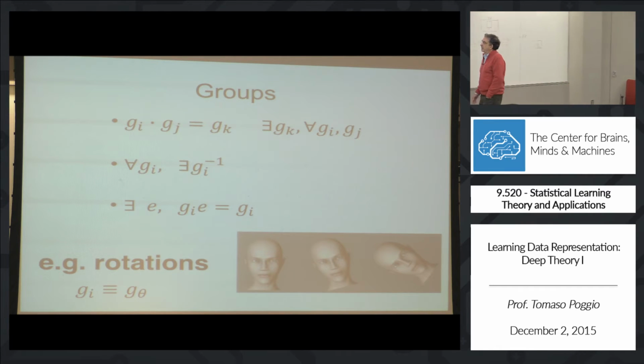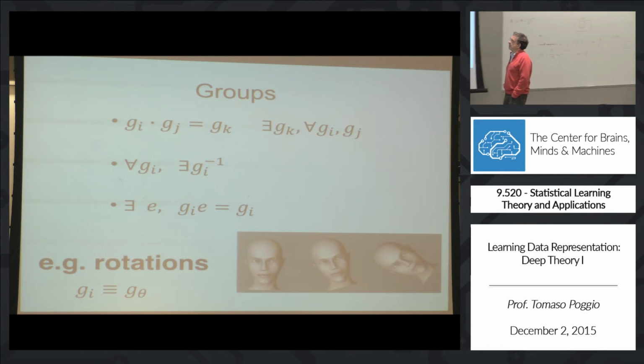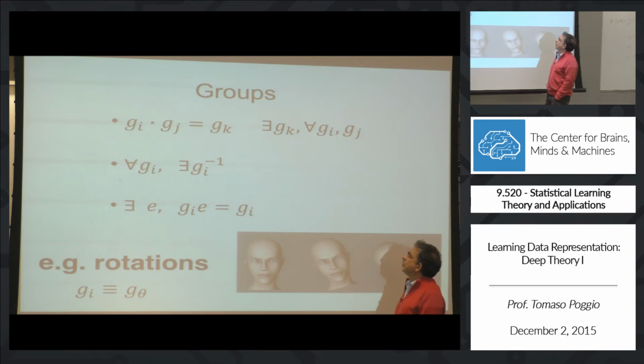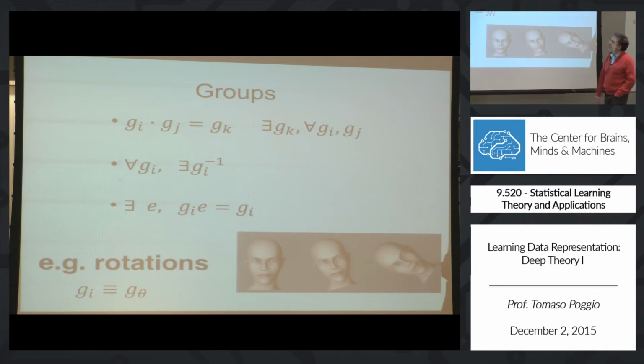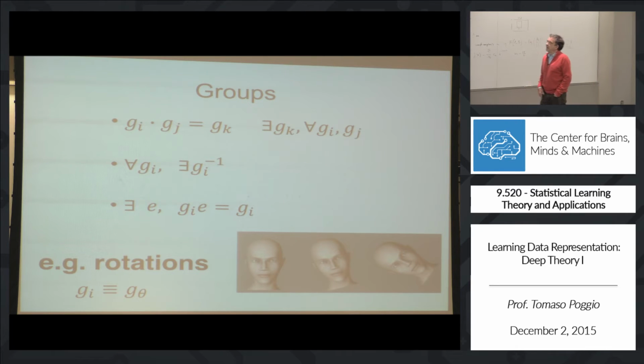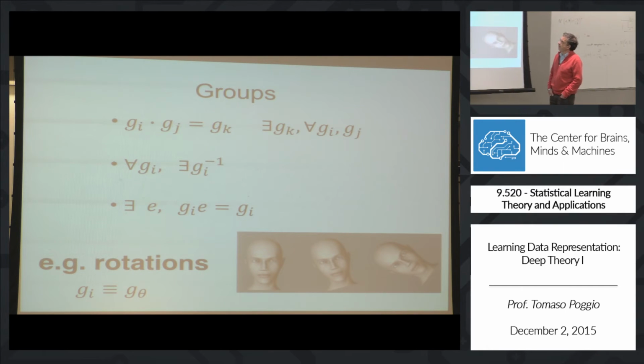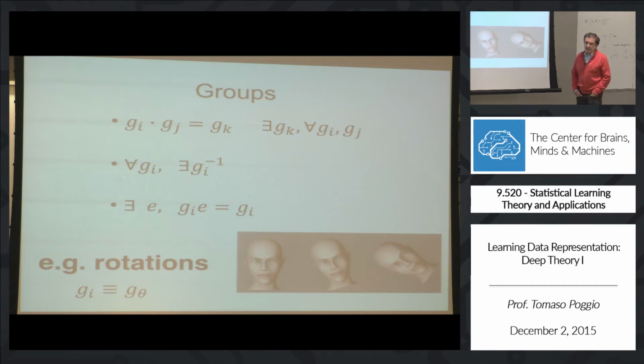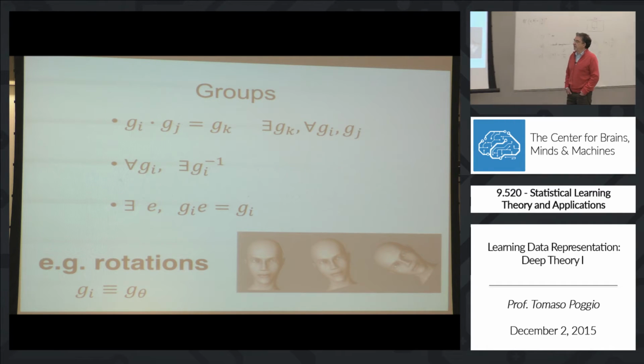So here are the basic properties for the objects G subscript i, which are the elements of a group. The product between them is also in the group. There is an inverse, and there is an identity.